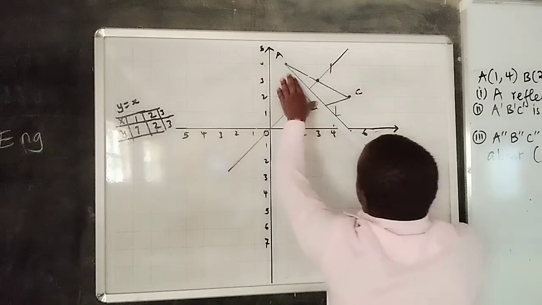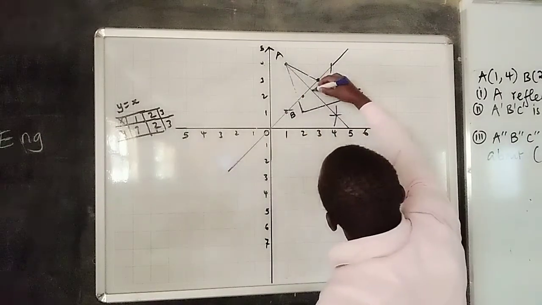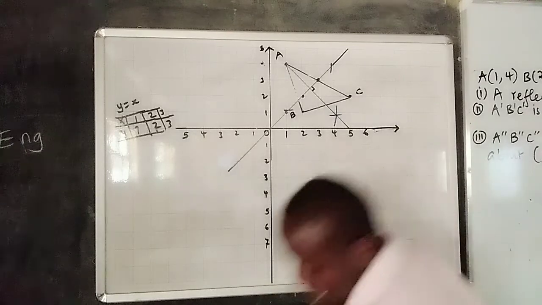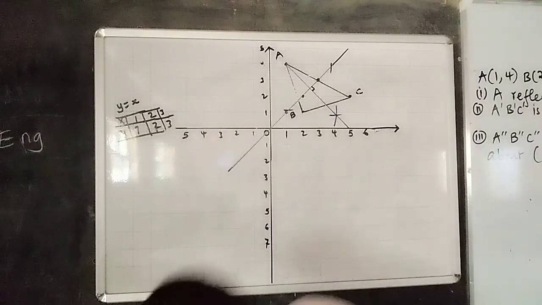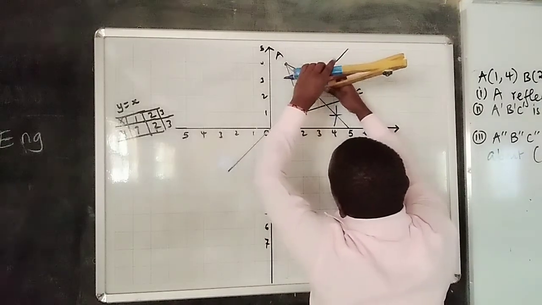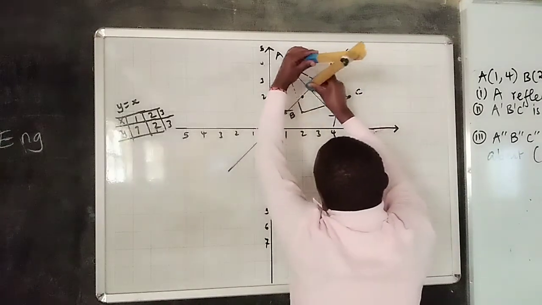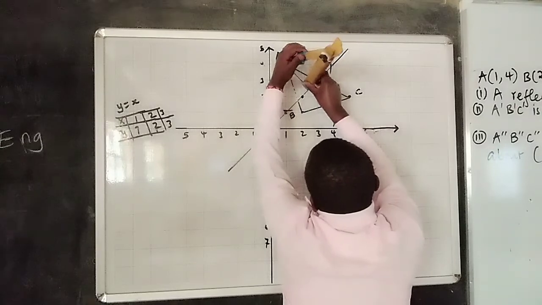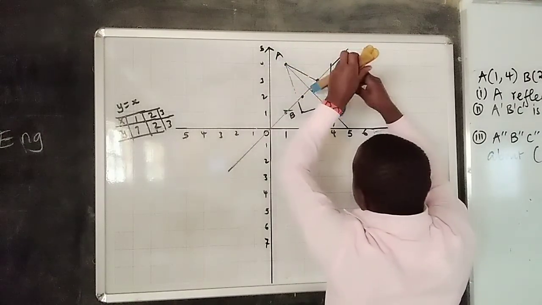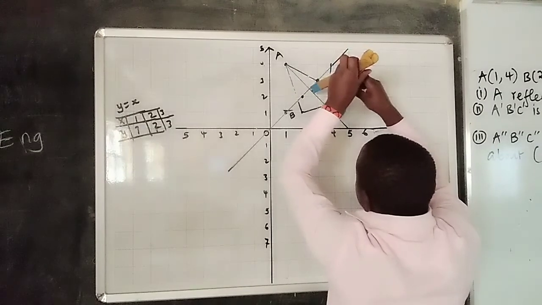So you find this line is perpendicular to the mirror line. Then now we need an equal distance from the mirror line to A, and from the mirror line again to where the reflected A will be.